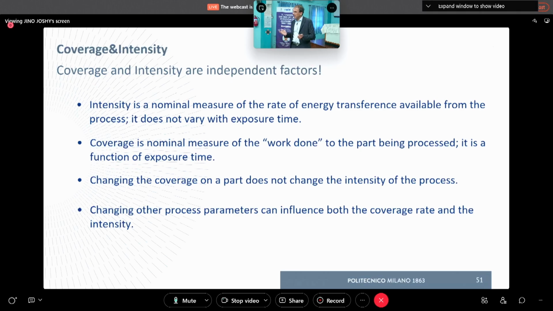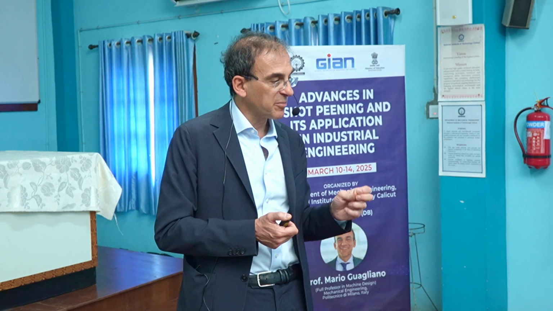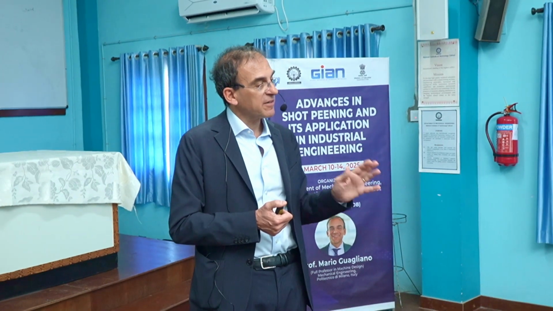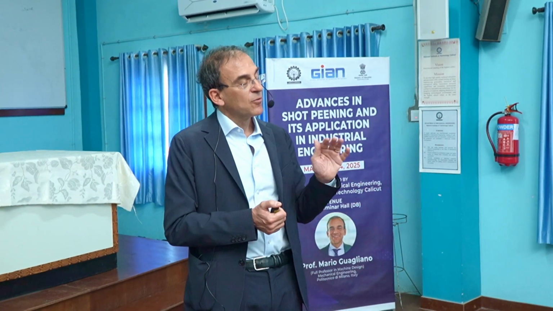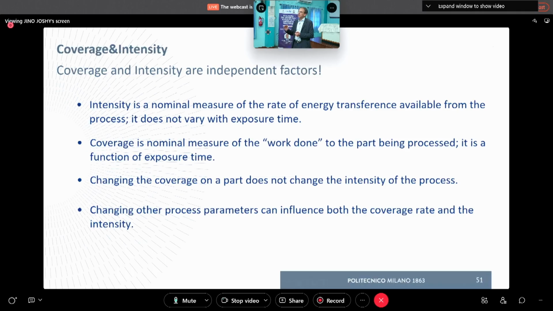Okay, so which are some comments? Intensity is a nominal measure of the rate of energy transference available for the process. It does not vary with the exposure time. Whatever the exposure time, and whether the coverage is 100%, 200%, or more, the intensity remains the same once saturation is reached. Saturation of the Almen strip, I mean.